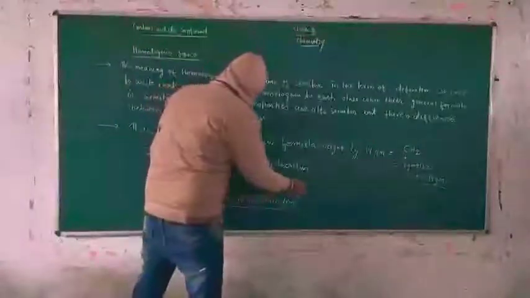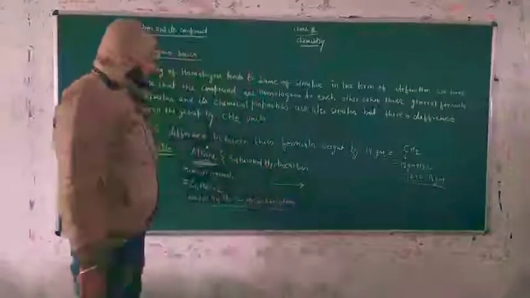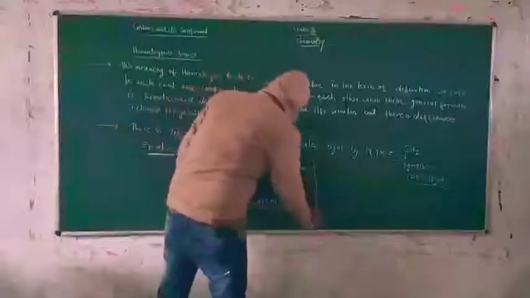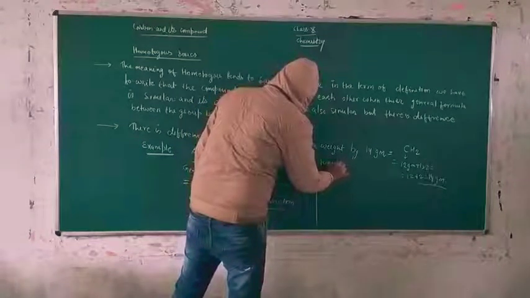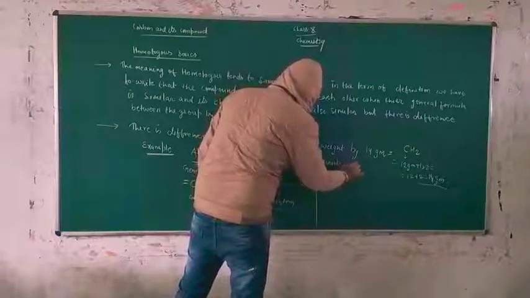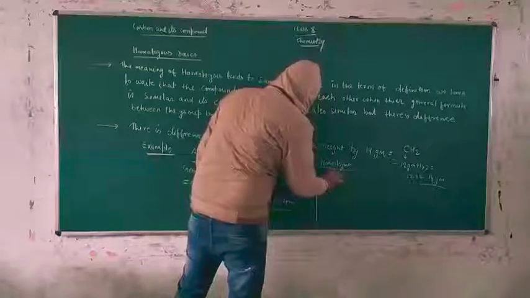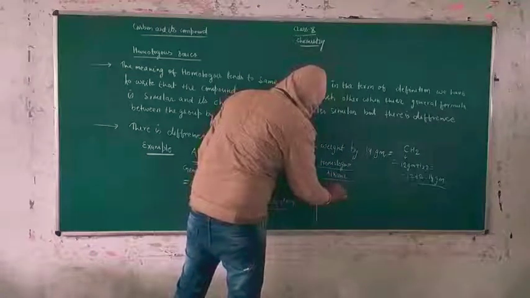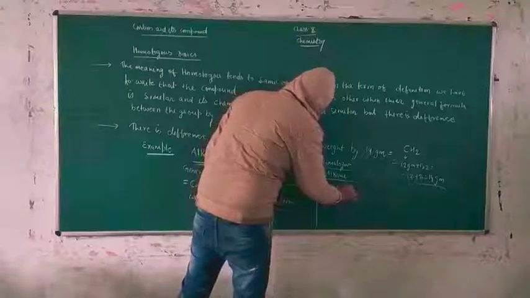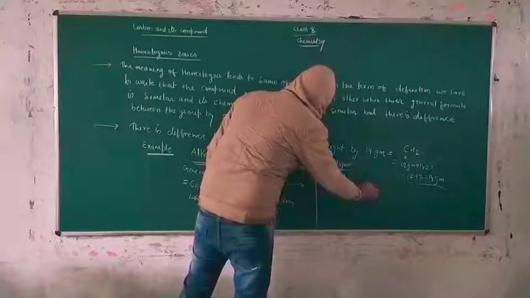From this you can derive the homologous series of alkane. Your first compound is methane, CH4.